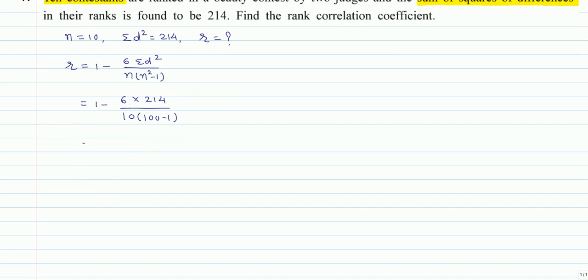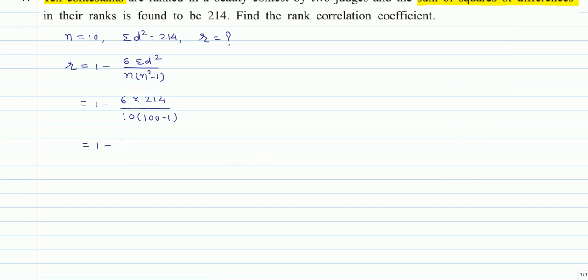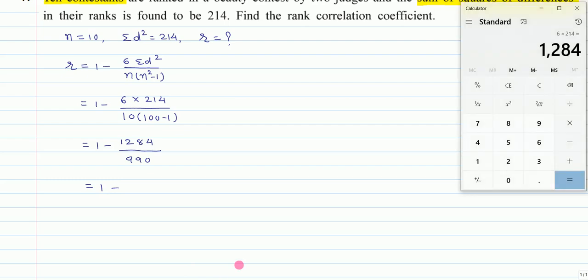So it is equal to 1 minus 6 into 214, it gives us 1284, upon 10 into 99, which is 990. So 1 minus 1284 divided by 990.